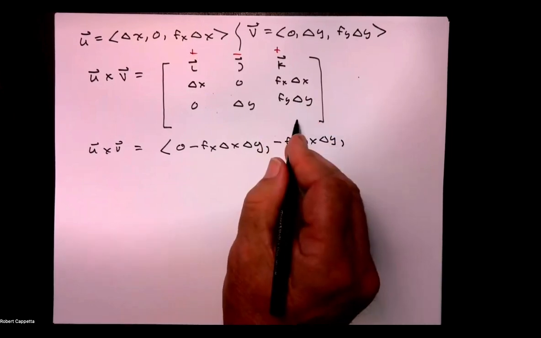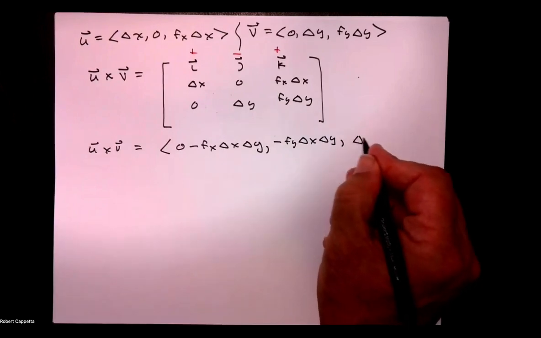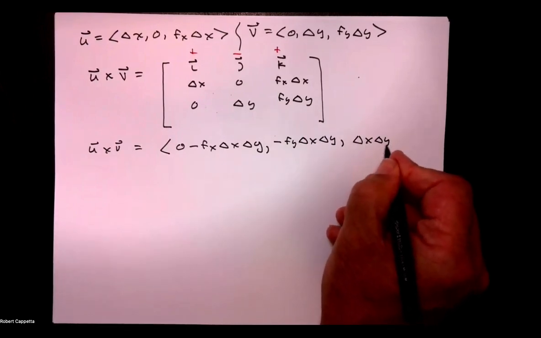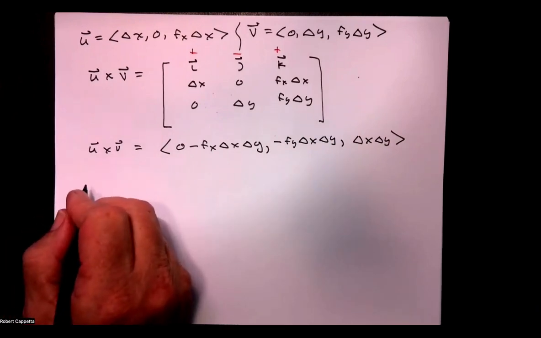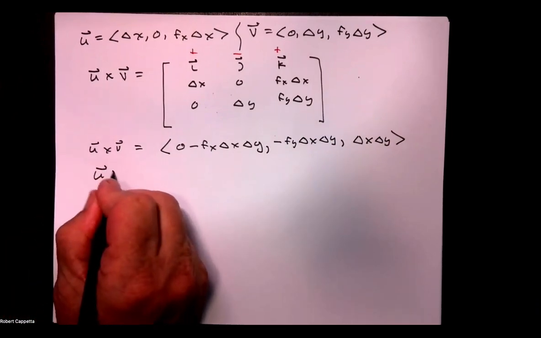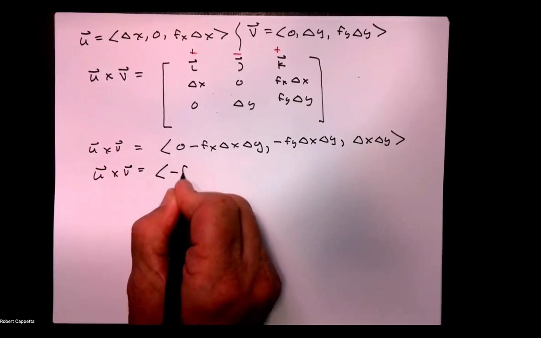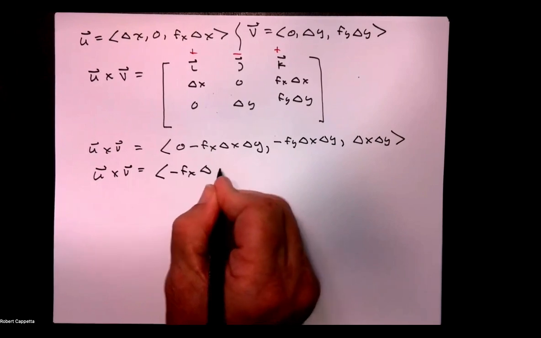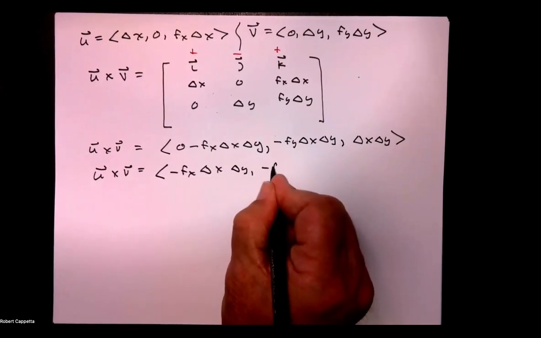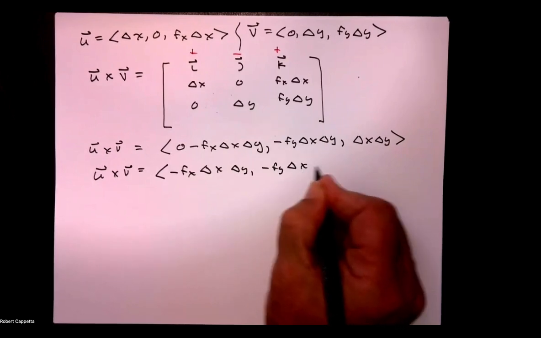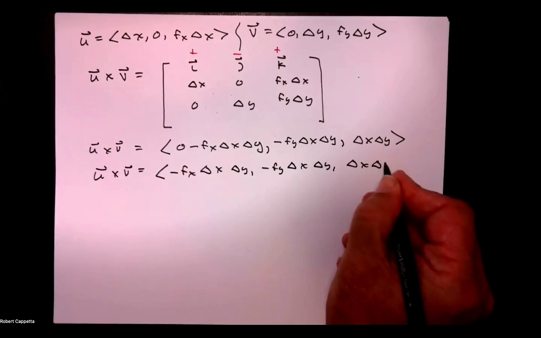And then in the k direction, what do we get? We get change in x, change in y. So simplifying that just a little bit, u cross v is negative f sub x, change in x, change in y. Negative f sub y, change in x, change in y. Change in x, change in y.